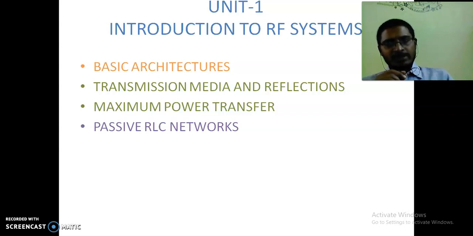A passive component does not require any power supply, but it consumes power. Resistor, inductor and capacitor are examples of passive elements, whereas active elements require some supply. A resistor consumes power, an inductor stores energy in a magnetic field, and a capacitor stores energy in an electrostatic field.